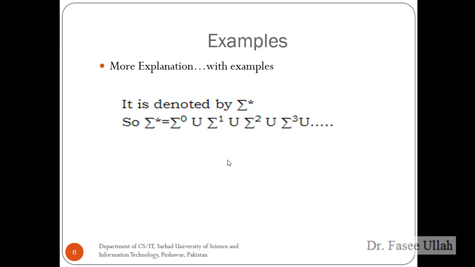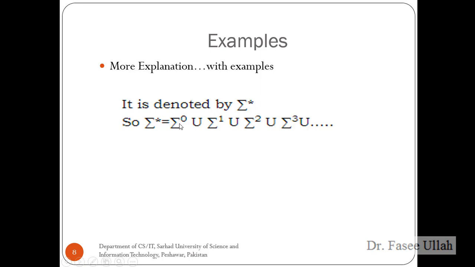From here we look at some examples. For example, we have a language or string denoted by sigma star. How can we expand it using the Kleene star? As I said before, we must include the empty string. Here the empty string is represented by the power 0.